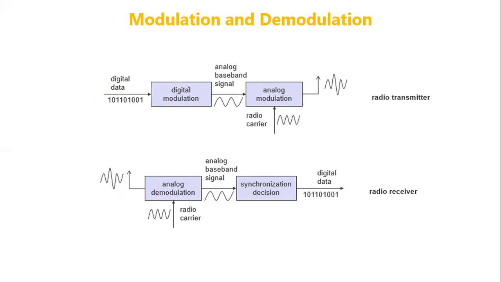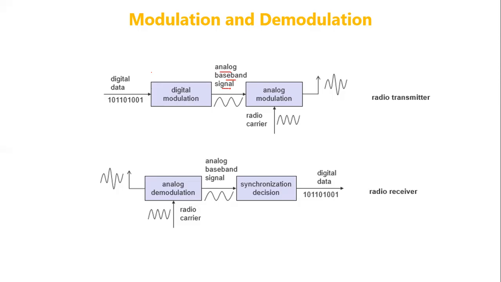Digital modulation means applying any one of the techniques, either amplitude shift keying, frequency shift keying, or phase shift keying. By performing any one of these techniques, the signal will be converted to an analog signal. But this is an analog baseband signal.